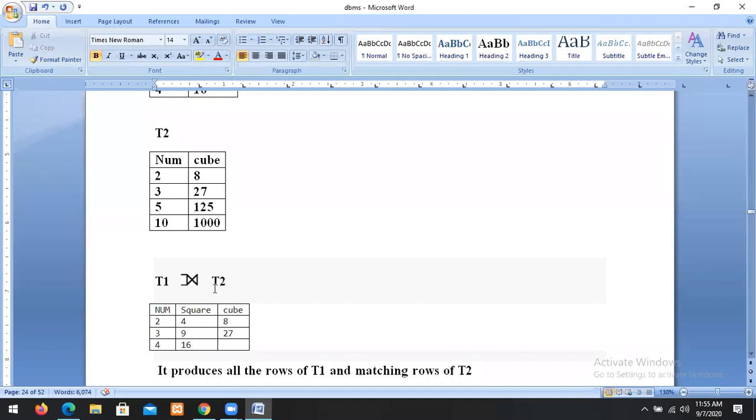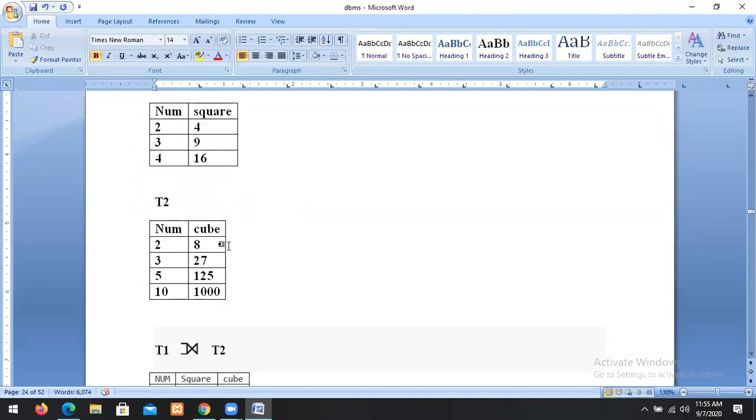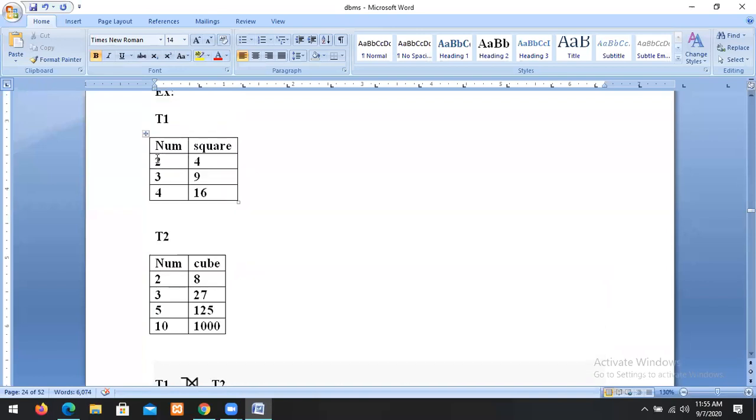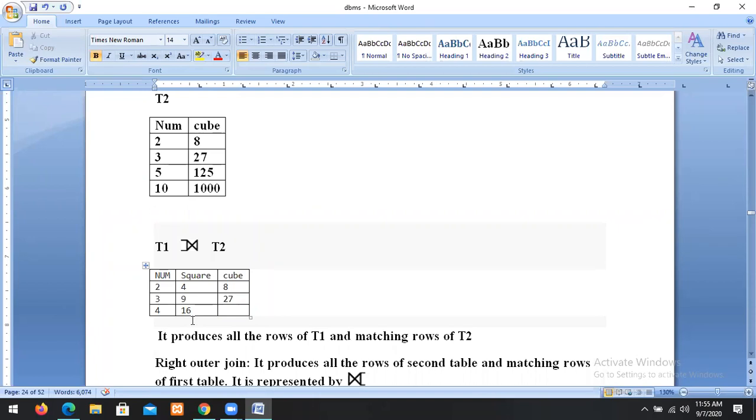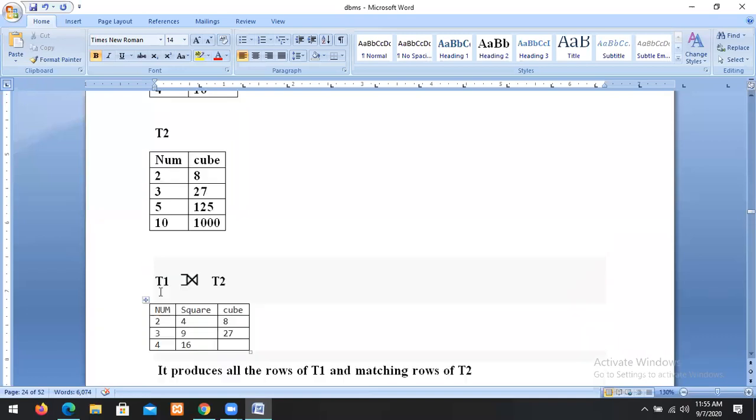What does it produce? All the rows of T1, which are 2, 3, 4, and the matching rows of T2. The matching rows are 2 and 3: 2 cubed is 8, 3 cubed is 27. That we call the left outer join.